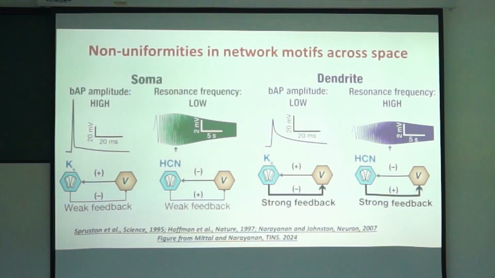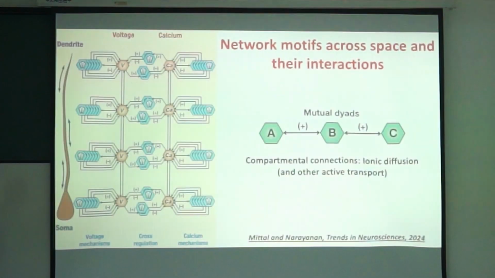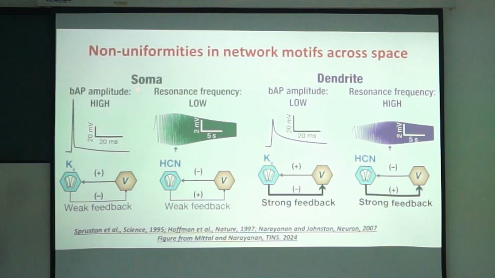So there are non-uniformities in the motif strengths. Look at the slow negative feedback loop in the cell body versus the dendrite. The cell body has lower A-type potassium channels, which is the KV channel that I am showing here. Weak feedback, and therefore the action potential amplitude is high. Here the back-propagating action potential amplitude is low.